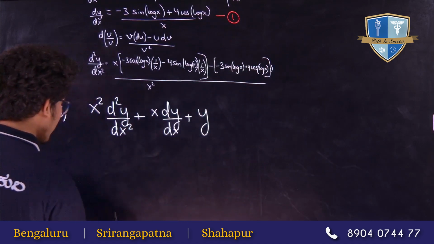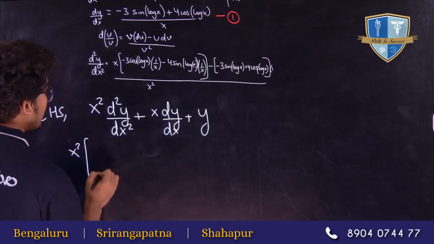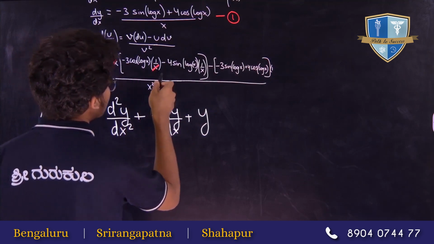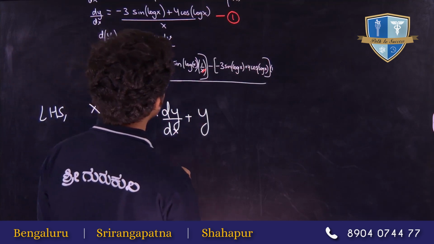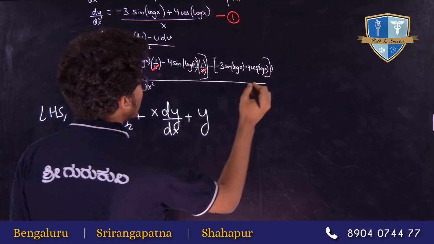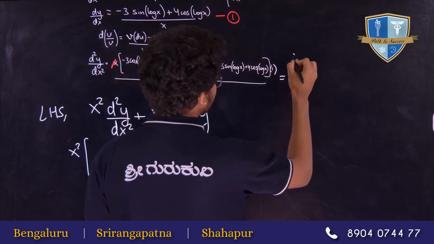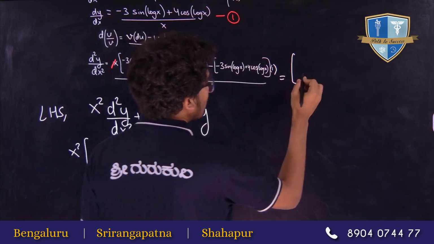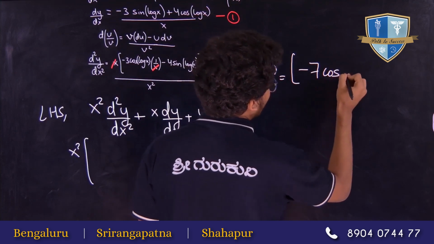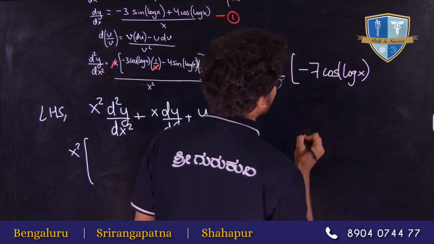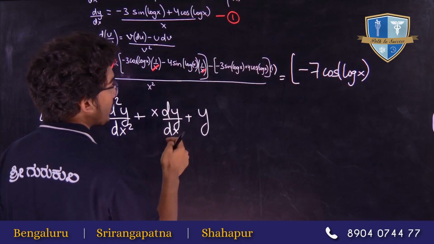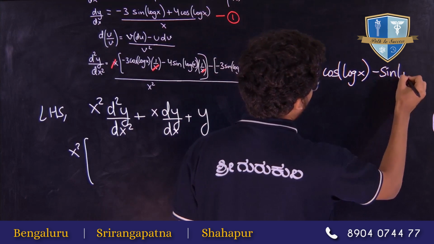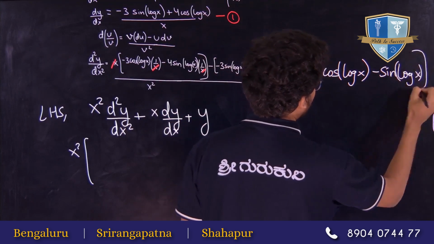So we have d2y by dx square, so x square into this entire term. If we simplify this, here x and x will cancel out, correct? And this will become minus 3 cos of log x and minus 4 cos of log x. So minus 7 cos of log x, correct? Minus 4 sin of log x plus 3 sin of log x will become minus sin of log x, divided by x square.